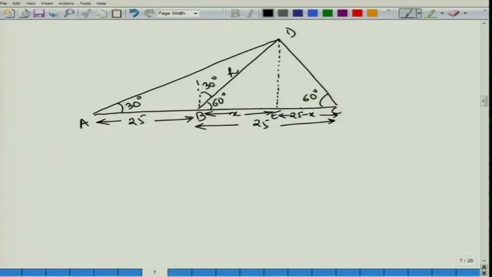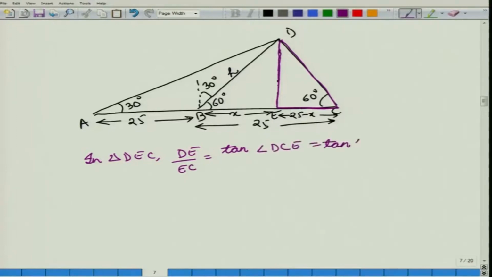Now, in triangle DEC we have DE upon EC, that is the perpendicular upon the base, is equal to tan of angle DCE, which is tan 60 degrees, that we know to be root 3.